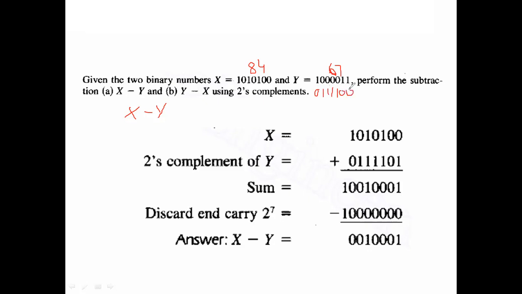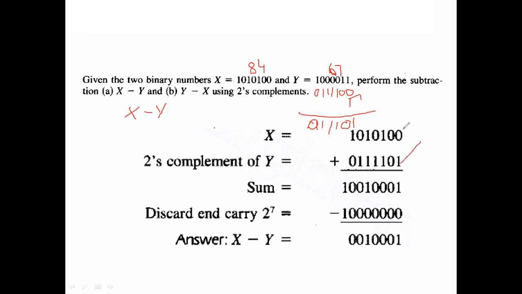This is the 1's complement. Adding 1 to this, that is 0 plus 1, 1, 0, 1, 1, 1, 1, 0. So this is the 2's complement of y: 0, 1, 1, 1, 1, 0, 1.